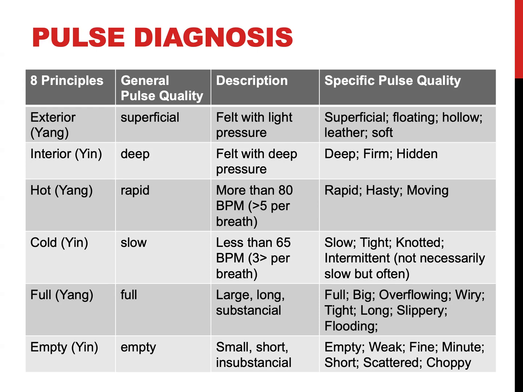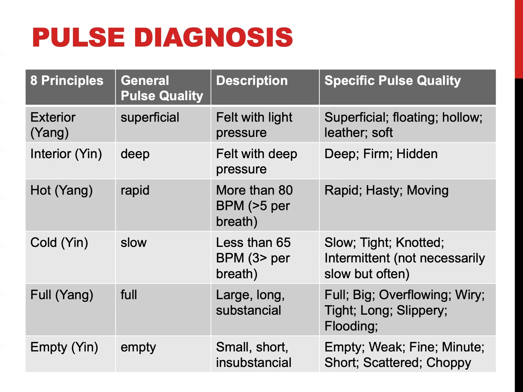For hot or yang syndromes, generally the pulse quality is rapid. To describe this pulse, we usually have more than 80 beats per minute or more than 5 beats per breath. So we can describe this pulse as rapid, hasty, or moving.